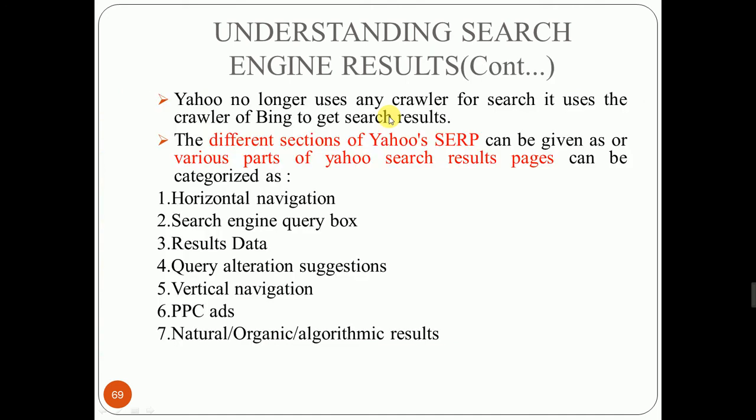So now you can also check out the Yahoo result page. Yahoo no longer uses any crawler for search. It uses the crawler of Bing to get the search result. So Yahoo does not have its own crawler, but they are using the Bing search engine crawler, and this Bing crawler will help Yahoo to give the result.